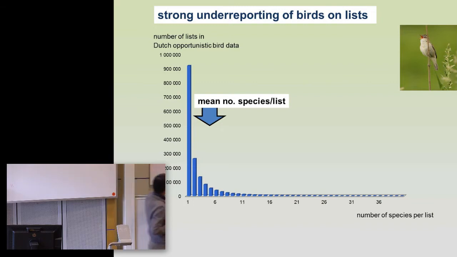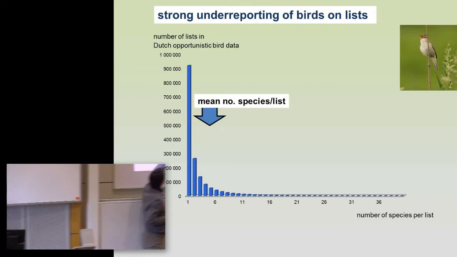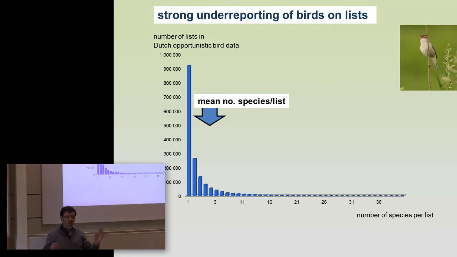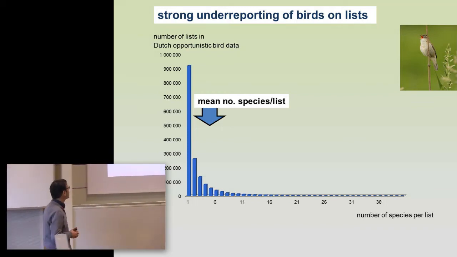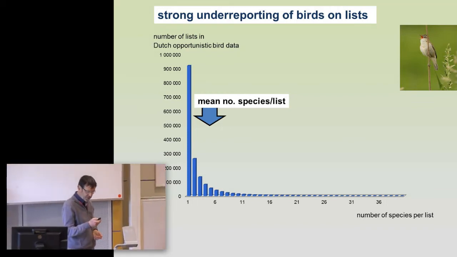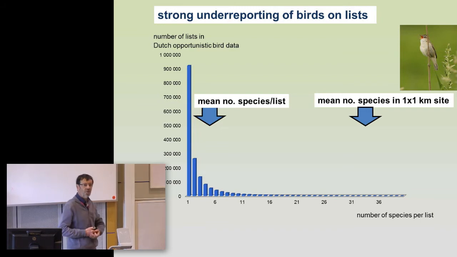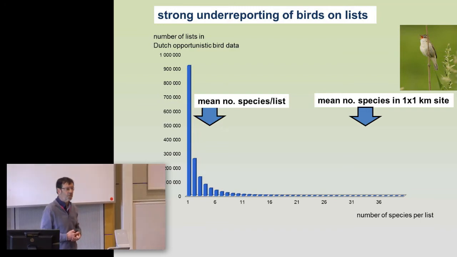Here, the median was somewhere at 5 for a species list, where the average number of birds you can see in a 1 by 1 kilometer square is about 30 or so, 35.